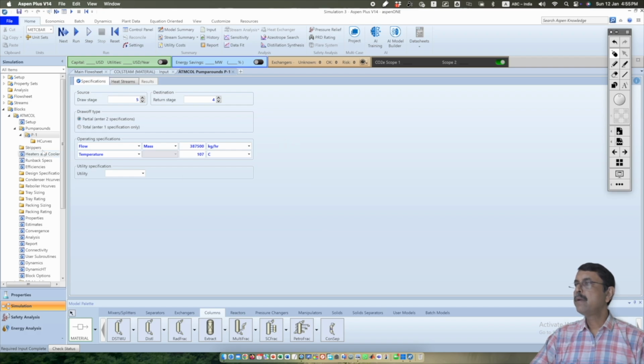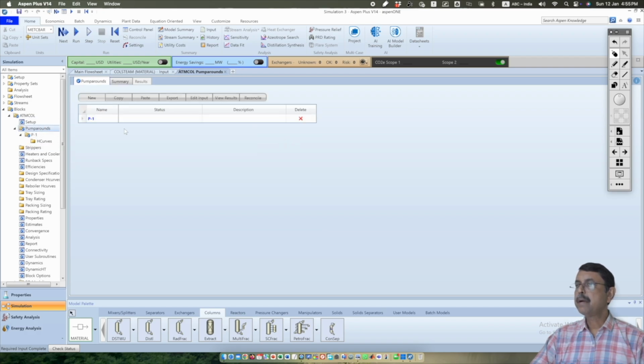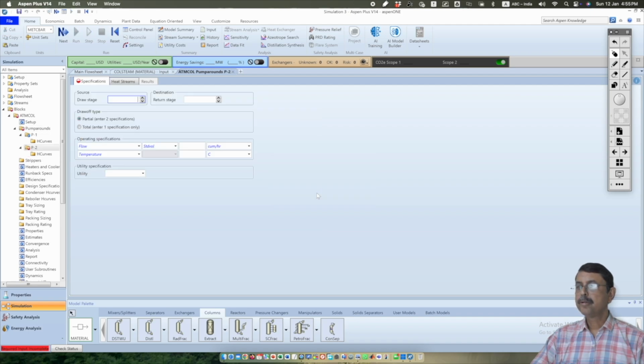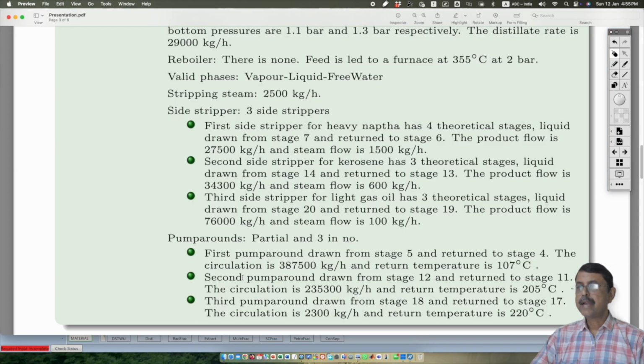Similarly, you add the second pump around, which is drawn from stage 12 and given back to stage 11.